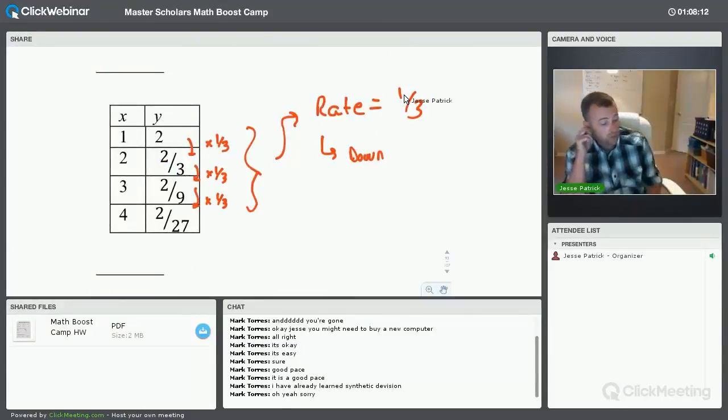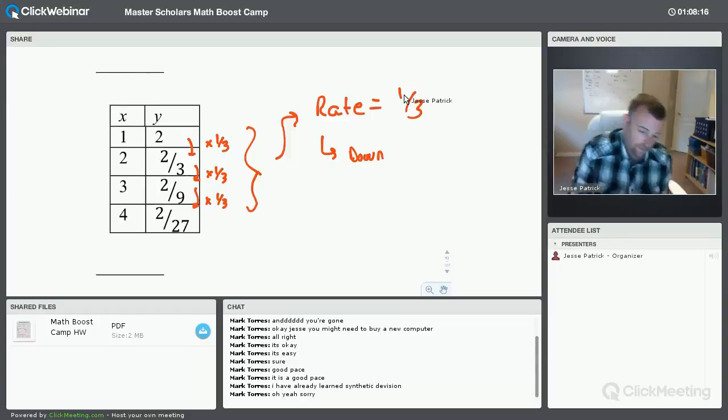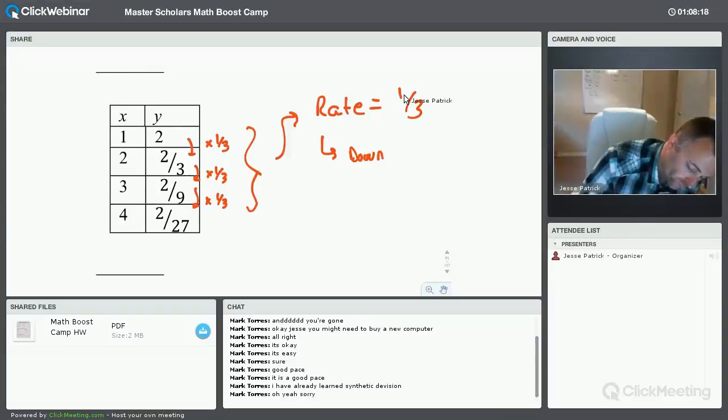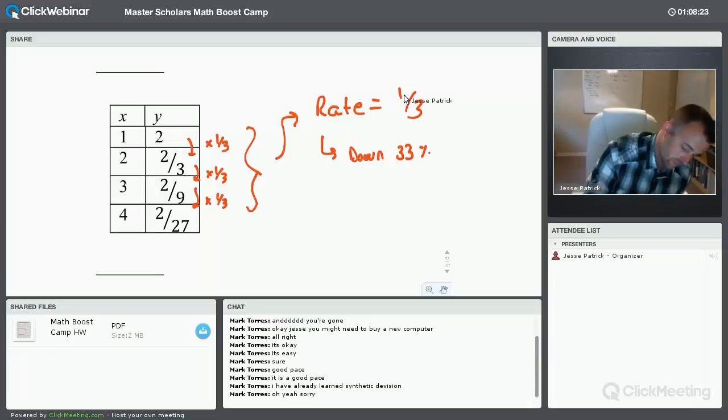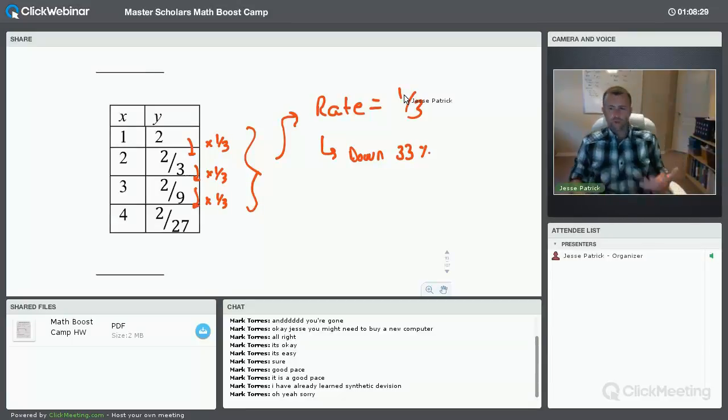But if you're dealing with this as a percentage, you're actually going down by 33%. So that could be per week, per year, whatever.